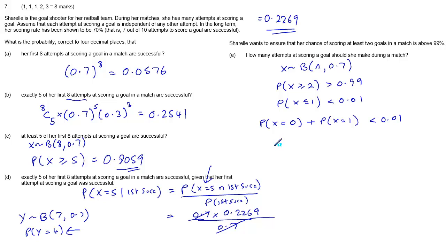So that would mean 0.3 to the power n. This would mean one success, so we'd have 0.3 to the n minus 1 multiplied by 0.7, and of course there's n possible positions for the success. So we need to try and solve this.